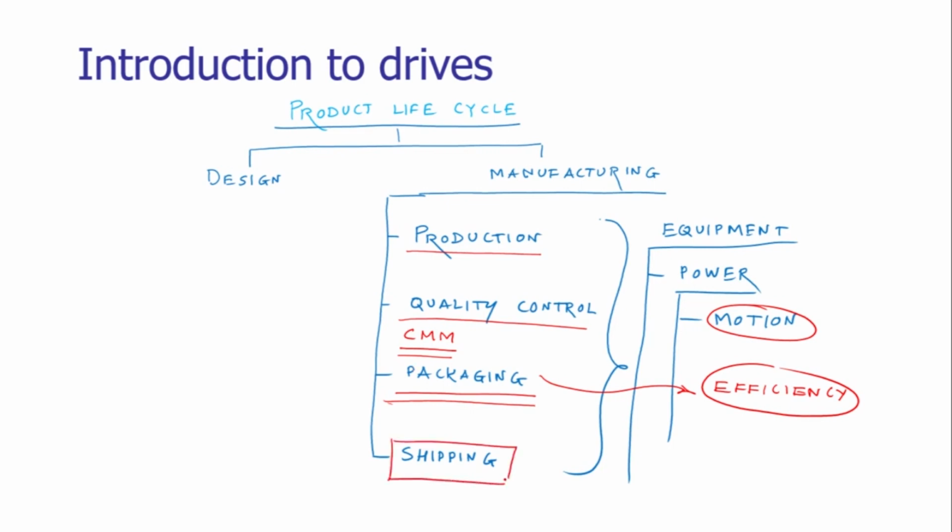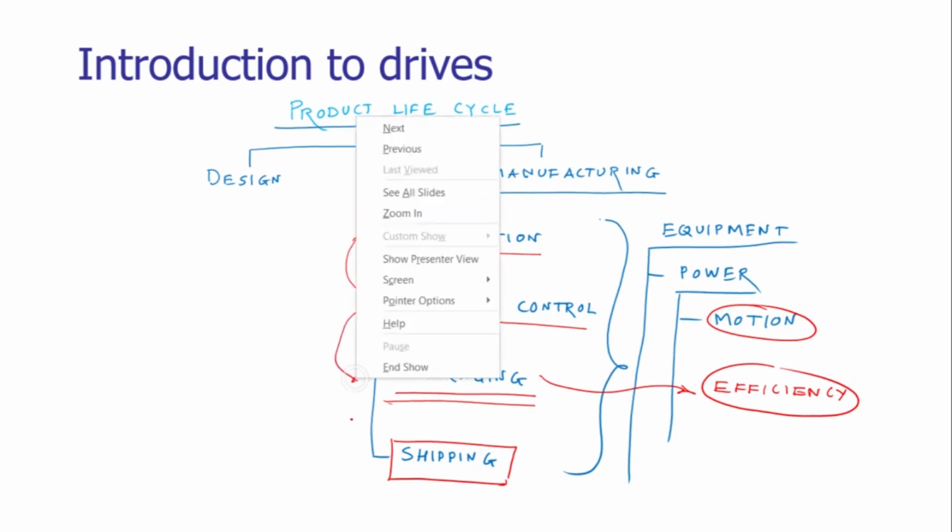Then the packed goods will be shipped. For shipping as well, we require various systems. For shipping, we may require trucks or automobiles. Inside the factory, we need to convey the goods from one department to the other, from one shop to the other shop, from one section to the other.